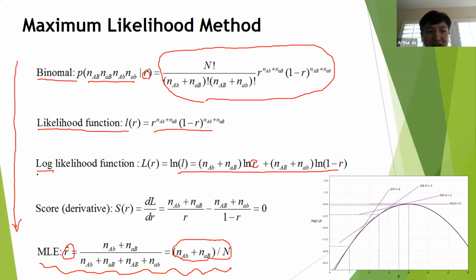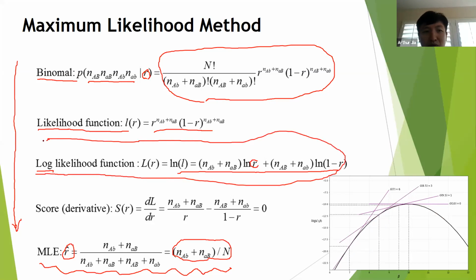Okay, from here, this is the log likelihood function. We want to find the R which can maximize this log likelihood. The log likelihood is a curve like this, so obviously there is a maximum value here.